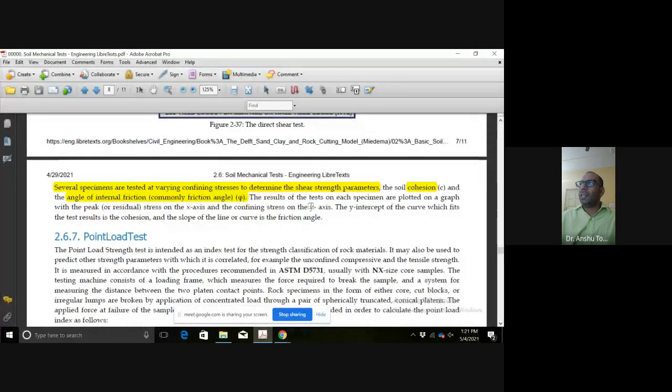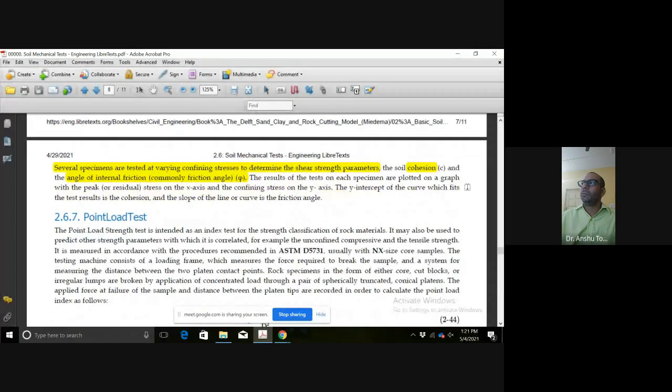The results of the test on each specimen are plotted on a graph with peak or residual stress on the x-axis and the confining stress on the y-axis. So using these, if you might have studied Mohr's stress circle in strength of materials subject. Mohr's circle, have you studied it?